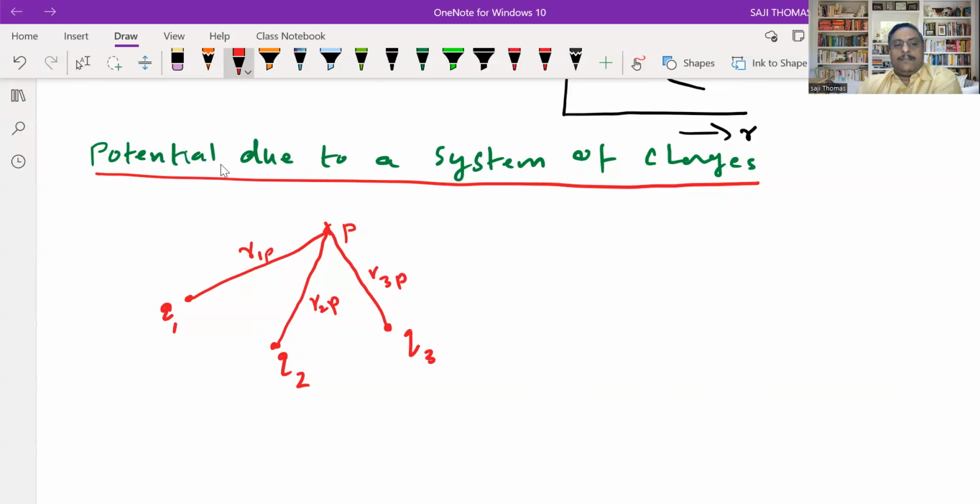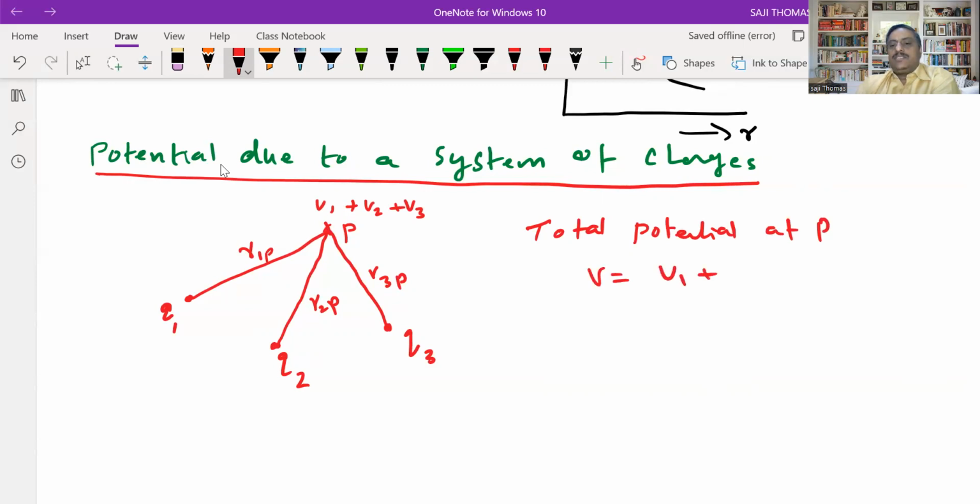So here there are three potentials. You have to take the sum. First potential V1 due to charge Q1. Second V2, plus V3. So what is the total potential? You have to take the algebraic sum. V equals V1 plus V2 plus V3. V1, you know the equation, K Q1 by R1P.